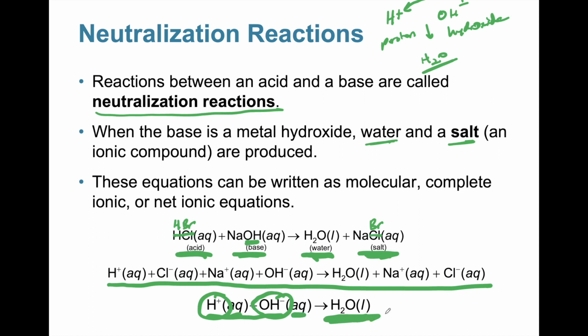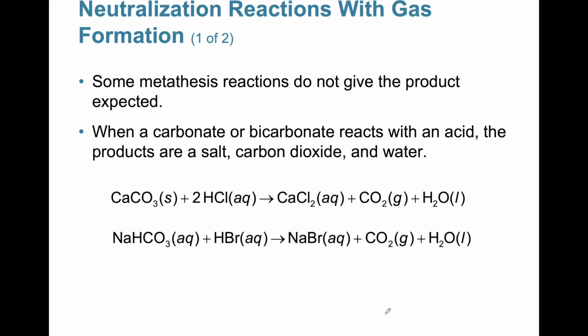So that's what's going to be in this net ionic equation. So I just said this a second ago, but I'll say it one more time: the neutralization reactions are just like metathesis reactions, where there's a double replacement. But sometimes you can have a double replacement that has three products.